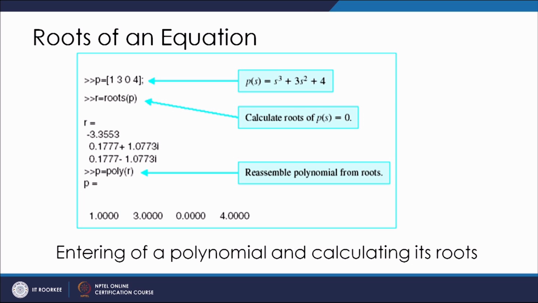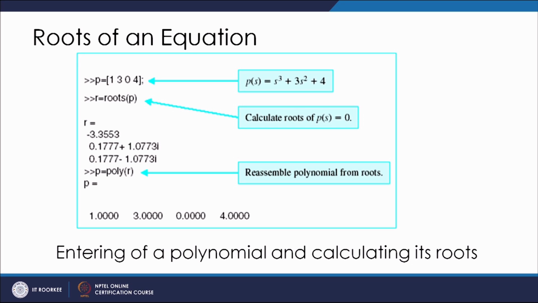I can enter p equal to 1, the coefficient of s cube, then 3 as the coefficient of s square, 0 as the coefficient of s, and 4, which is the constant. Then we can call the function roots, putting p and defining this by r, and I will be given the roots.